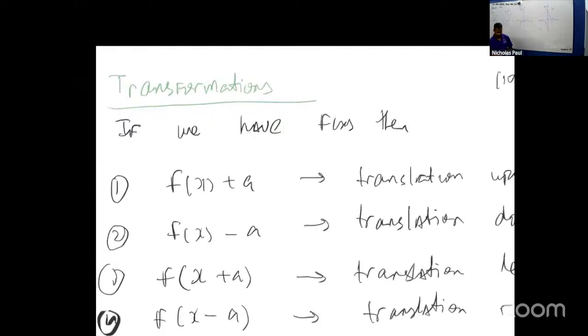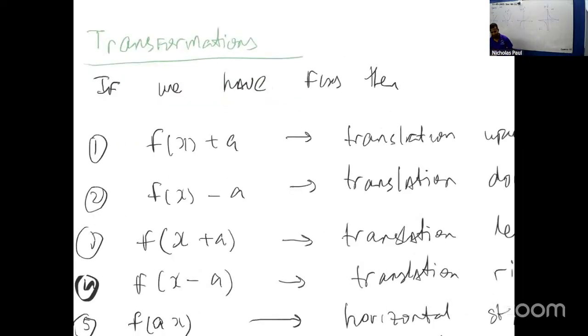If we have f of x, first one, f of x plus a on the outside, f of x plus a is an upward shift. F of x minus a is a downward shift.